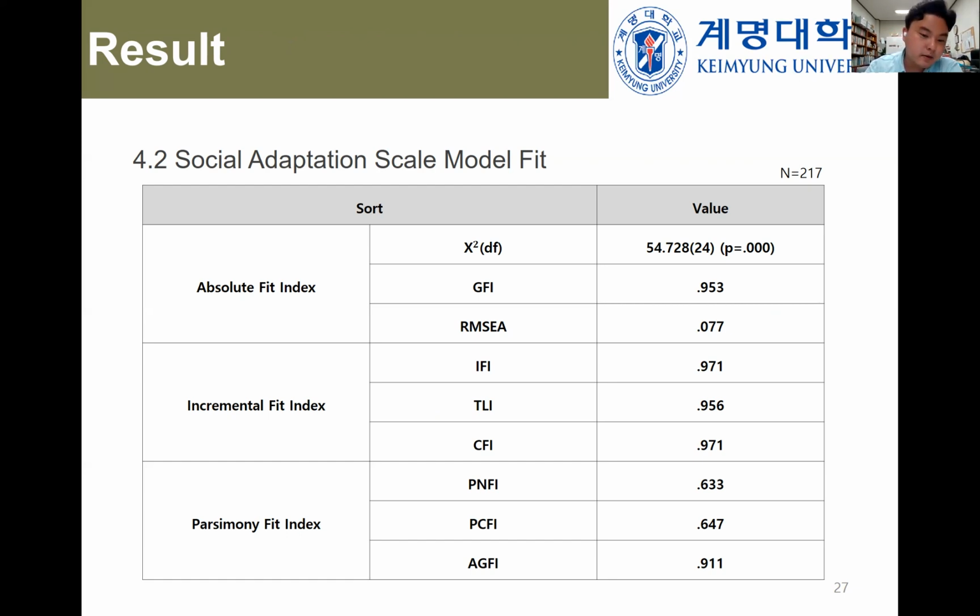And the incremental fit index is also suitable: IFI 0.971, TLI 0.956, CFI 0.971. The parsimony fit index is also suitable: PNFI 0.633, PCFI 0.647, AGFI 0.915.